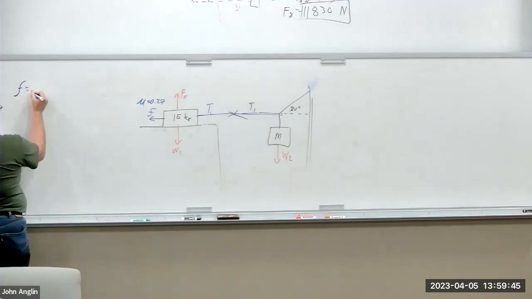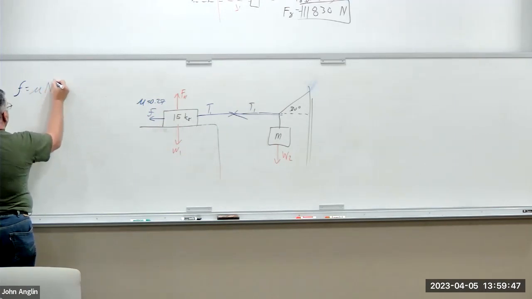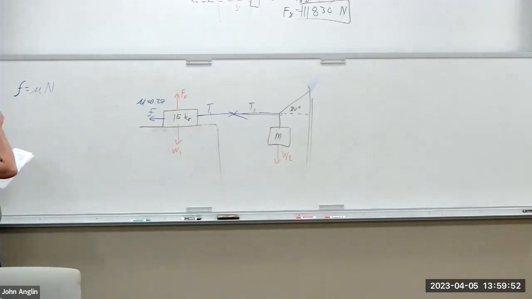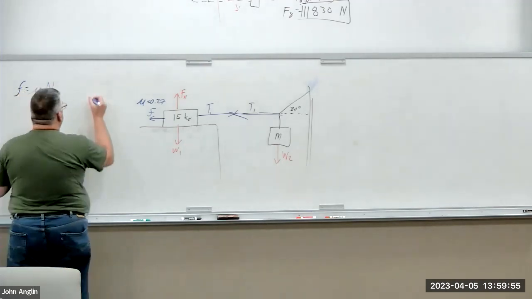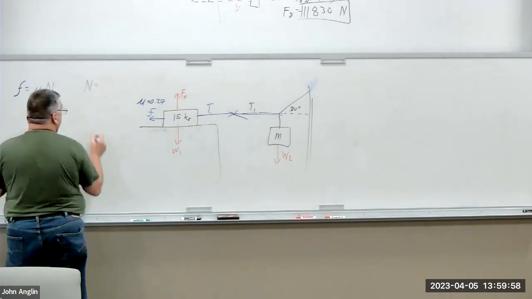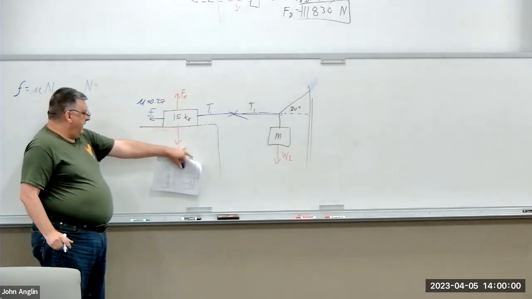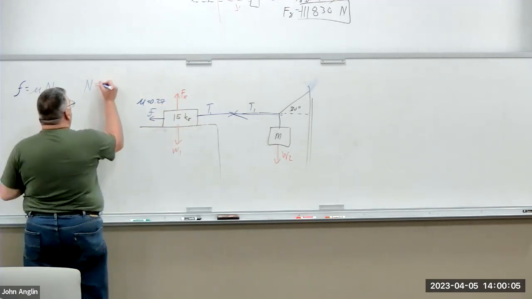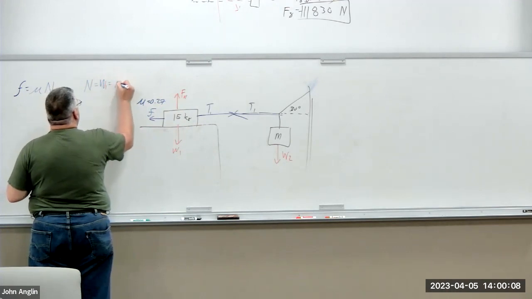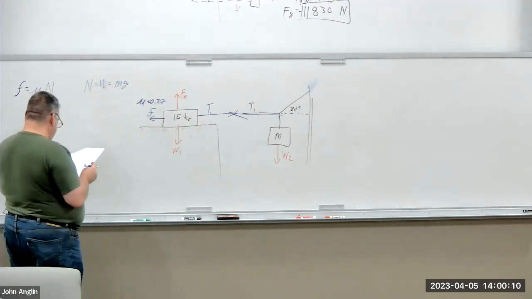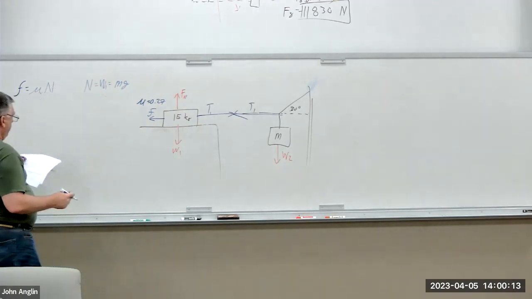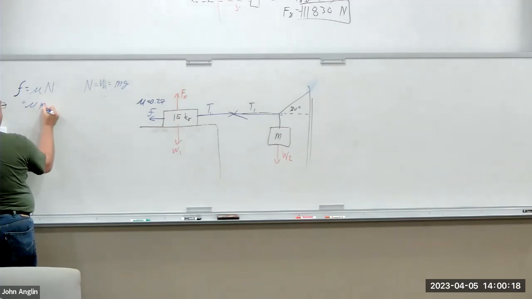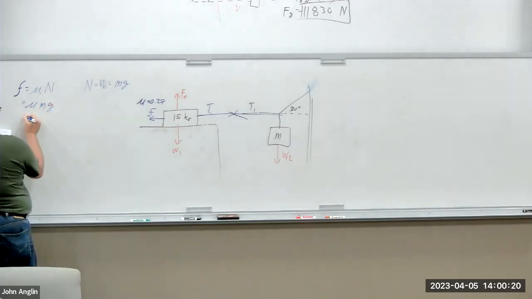We know that friction is mu times the normal force. Well, what's the normal force? F sub n. It's got to be equal to this weight, right? And so we know the weight of that thing is just mg. So the frictional force has got to be mu times m times g.